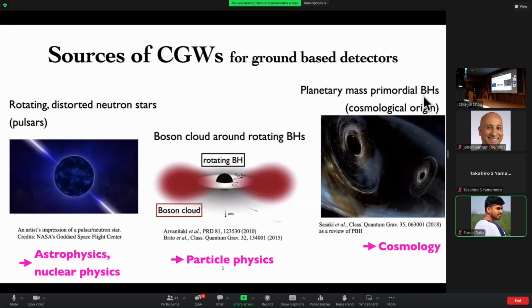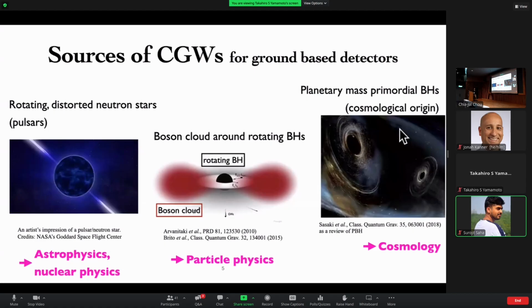And particularly, if planetary mass primordial black holes form binaries, then the gravitational waves from this system can be detected as continuous waves in the ground-based detectors. So this discovery must have an impact on cosmology.